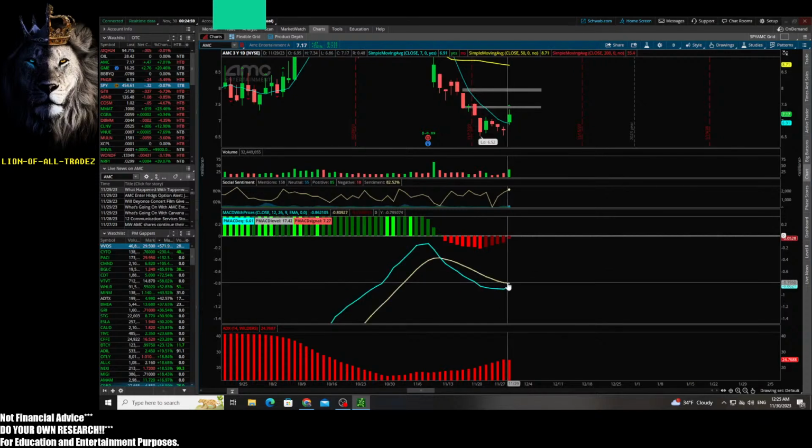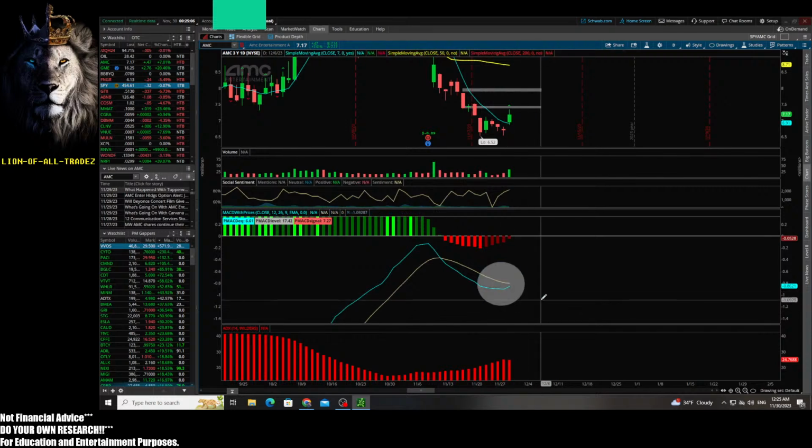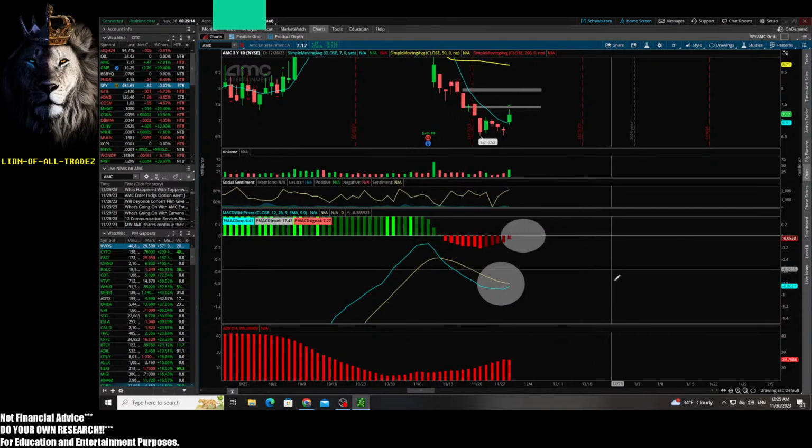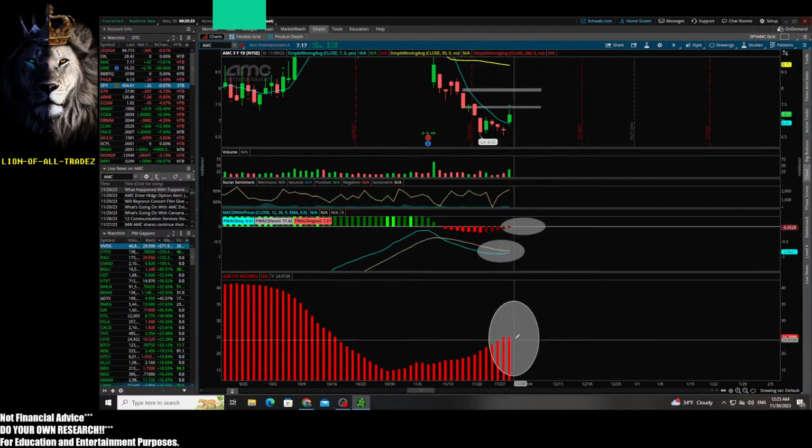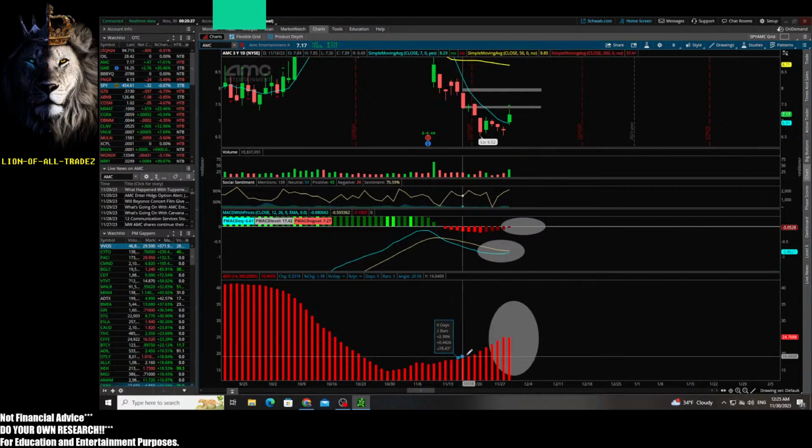Plus MACD right here, it's got a curl going up there. It could cross and move up. Also here you can tell, even though the ADX is a little flat right now, we need to see that move up.